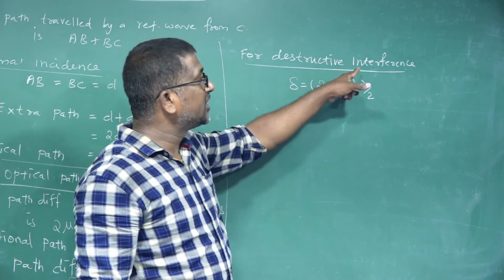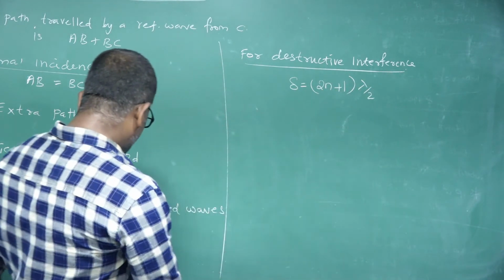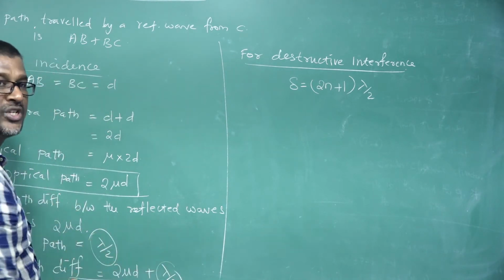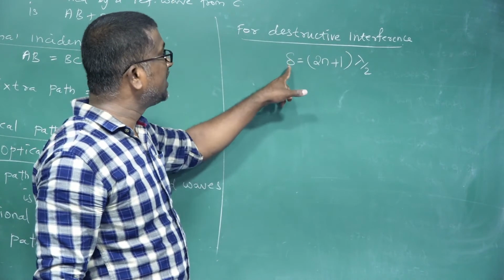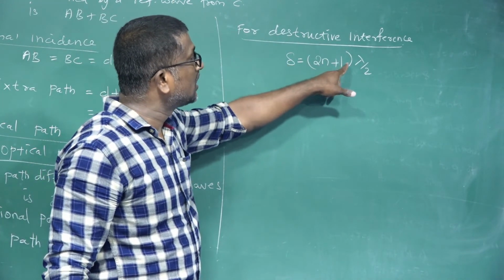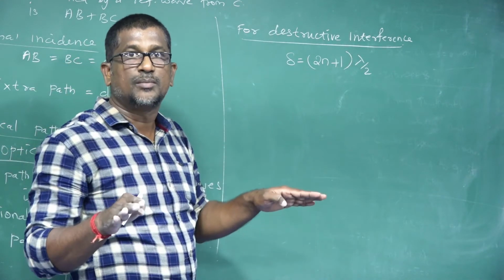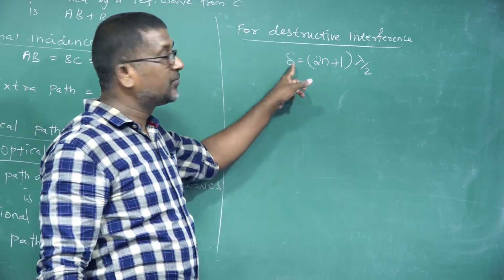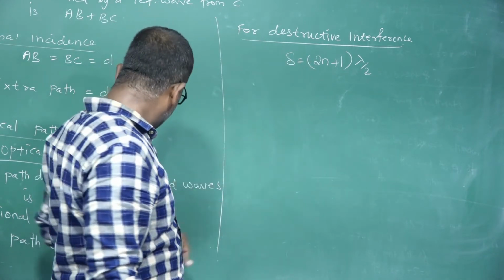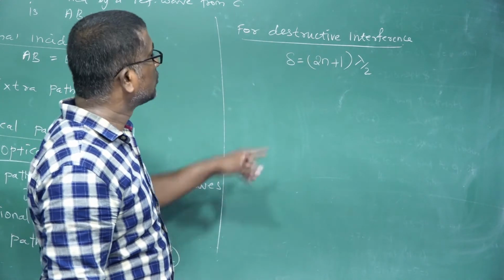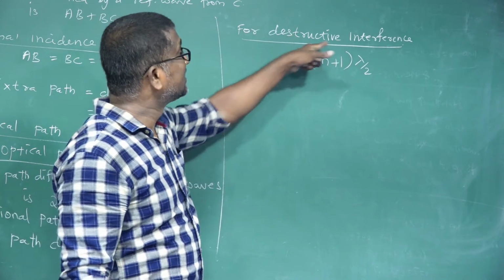Otherwise, for destructive interference, the path difference is del is equal to 2n minus 1 lambda by 2. In the previous case, that is for transmitted waves, there is no additional path difference, so the condition is taken as 2n minus 1 lambda by 2. Here, additional path difference is introduced, so the path difference is 2n plus 1 lambda by 2 for destructive interference.